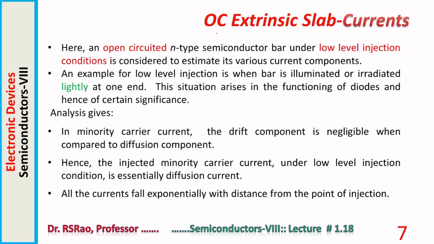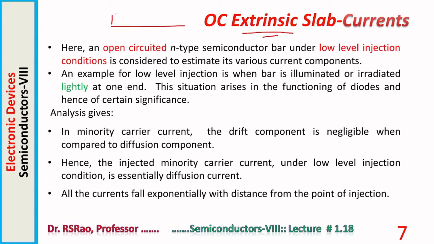Now, after using the continuity equation in analyzing two situations and noting the implications, we move to another practical, real situation where we estimate currents in an open circuited extrinsic slab.